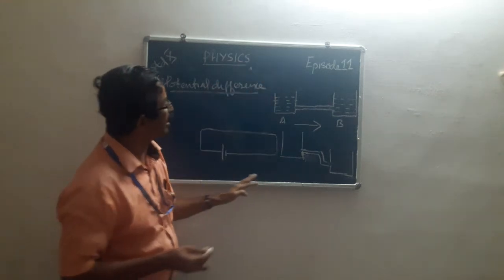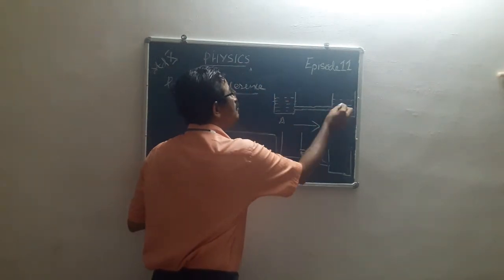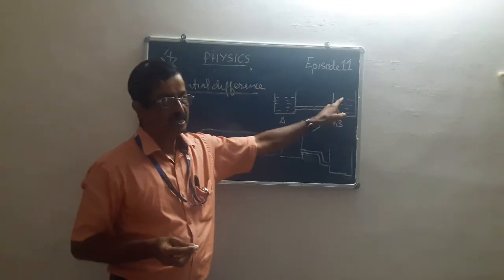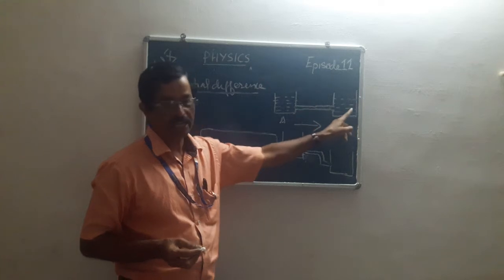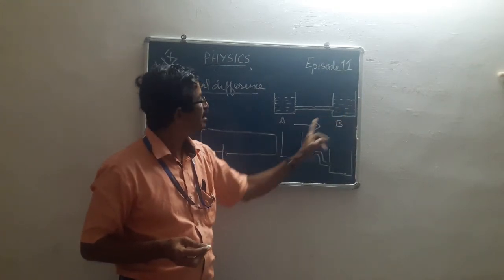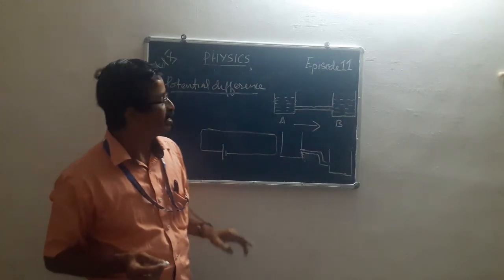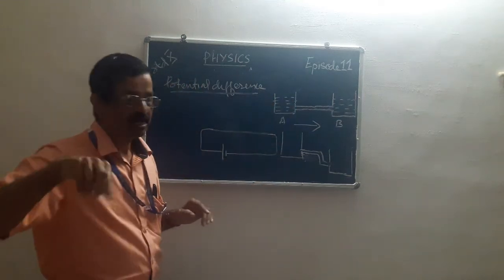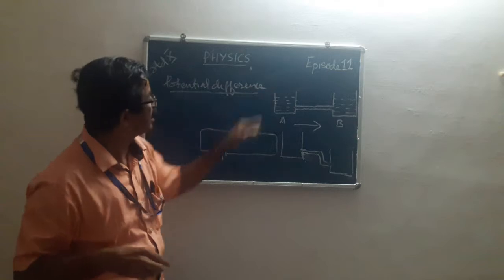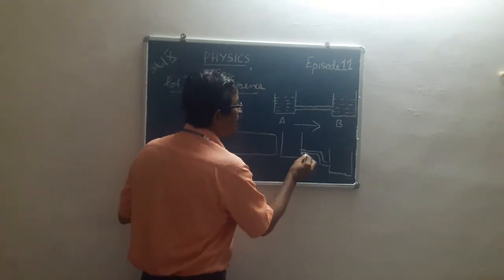Now, without changing volume, we want to flow water from vessel A to B. What way can we do that? See, this beaker A, we can raise a little bit. Now, by raising this one, what will happen?